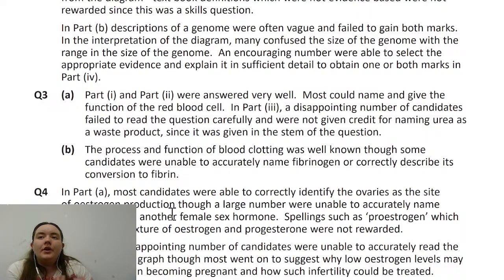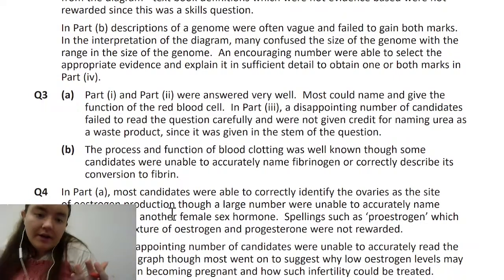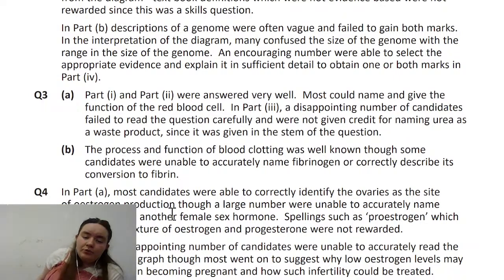So if you think of the word hydrogen from chemistry, hydrogen means to create water. Hydrogen is not water, but it is used to make water. Fibrinogen, then, you can use that same thing of gen means to become something else. Fibrinogen will become fibrin. So we start with fibrinogen and it turns into fibrin, if that helps you remember the order.